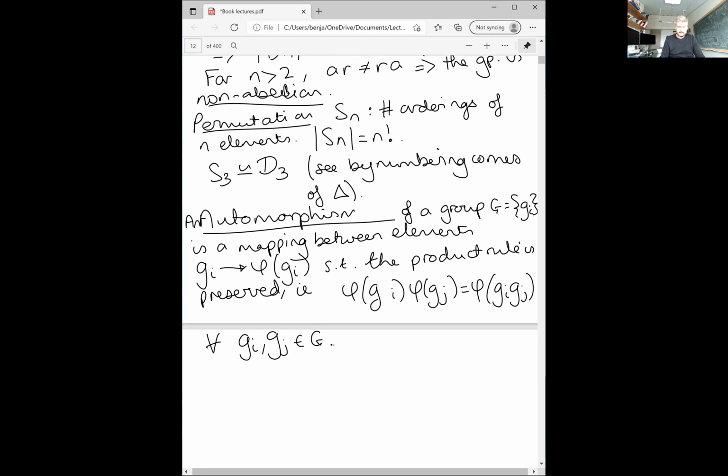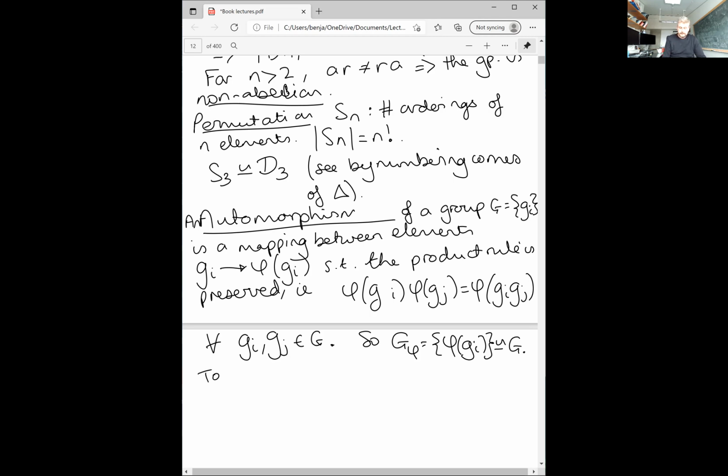So we write an automorphism as G with this mapping phi as a suffix, and this is equal to the set of all elements phi of Gi. So this is isomorphic to the original group G.